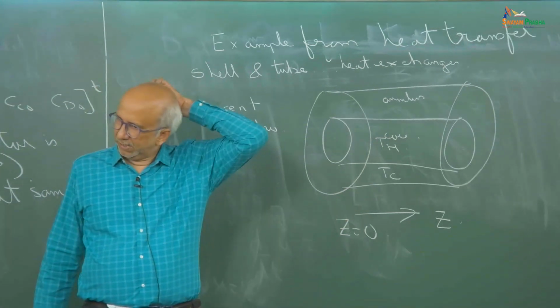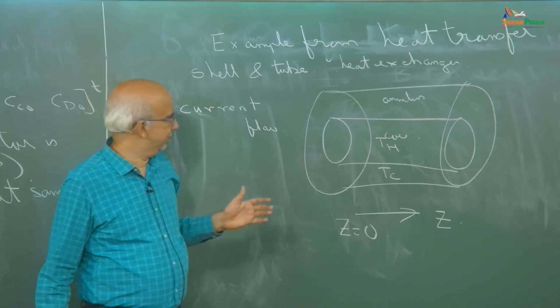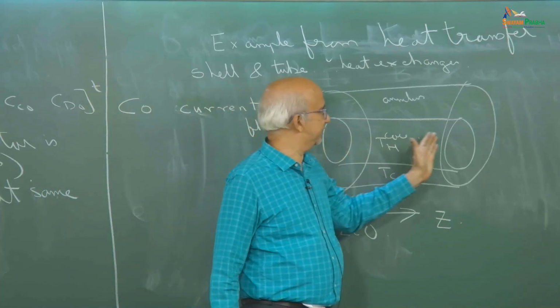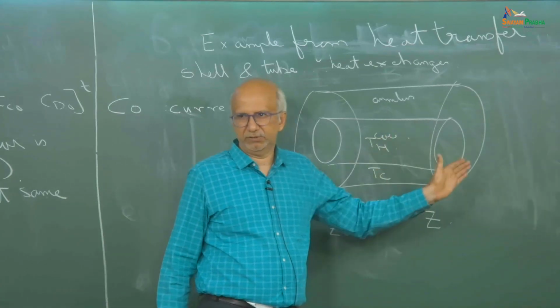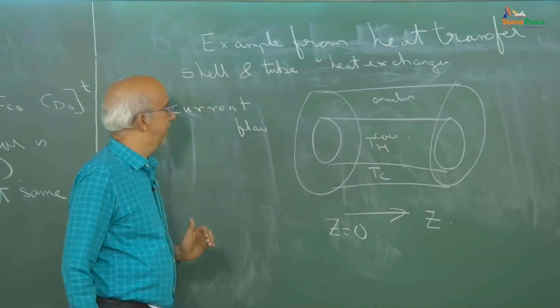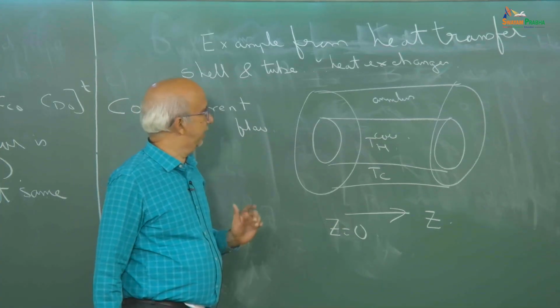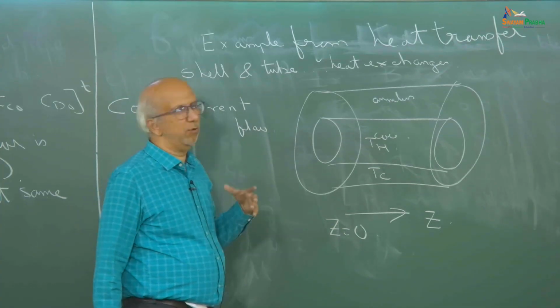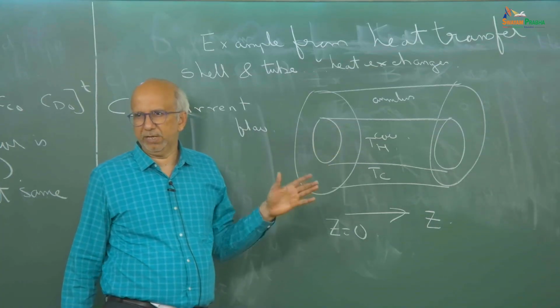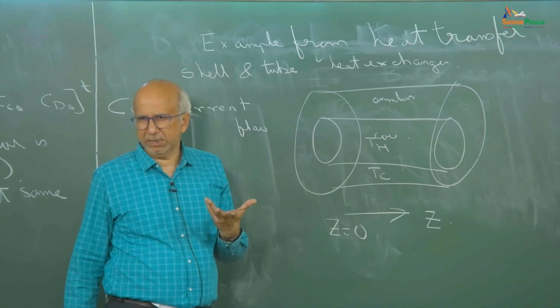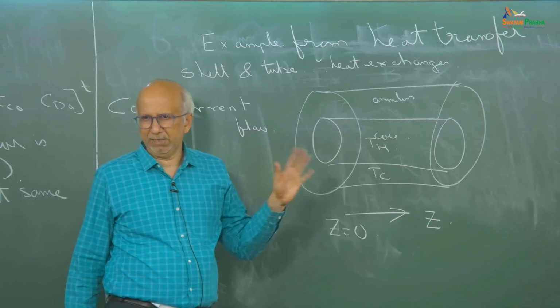So basically what we are looking at is how do Th and Tc change with flow in the z direction. Now, there could be variations in the r direction and the theta direction also. Right now, for the sake of simplicity, to make my point, I am neglecting all of that.